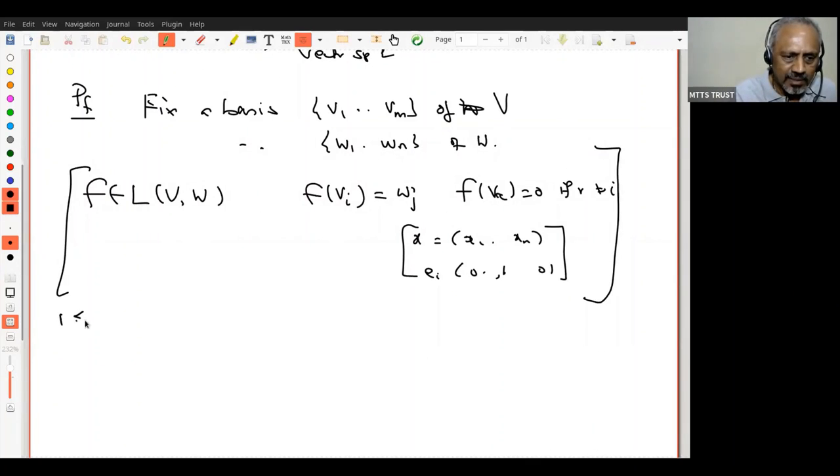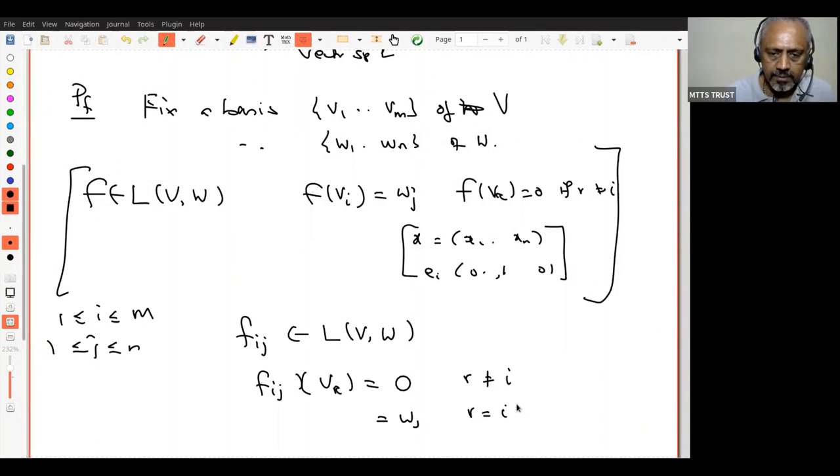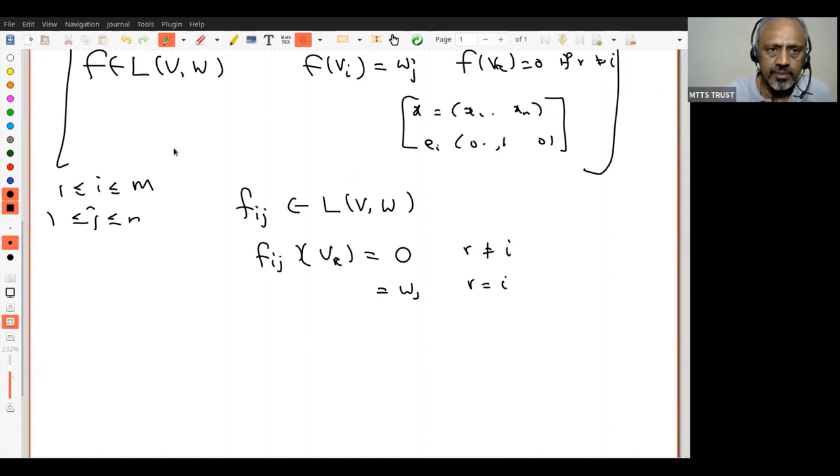For 1 less than or equal to i less than or equal to m and 1 less than or equal to j less than or equal to n, let me define Fij in L(V, W). This linear map is known as soon as I know its action on vr. So Fij of vr is 0 if r is not equal to i, and equal to wj if r equals i.